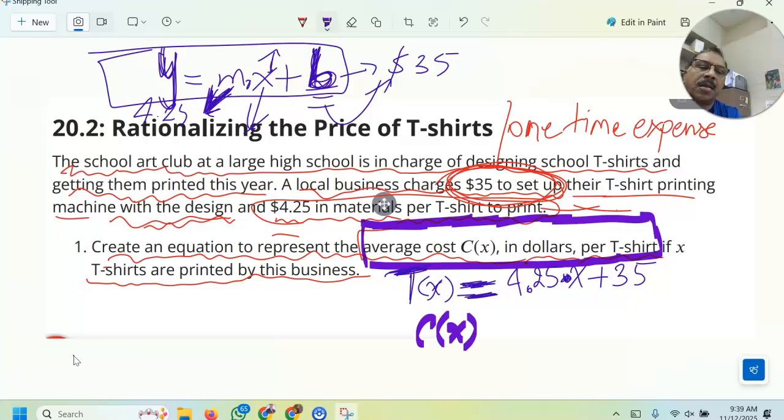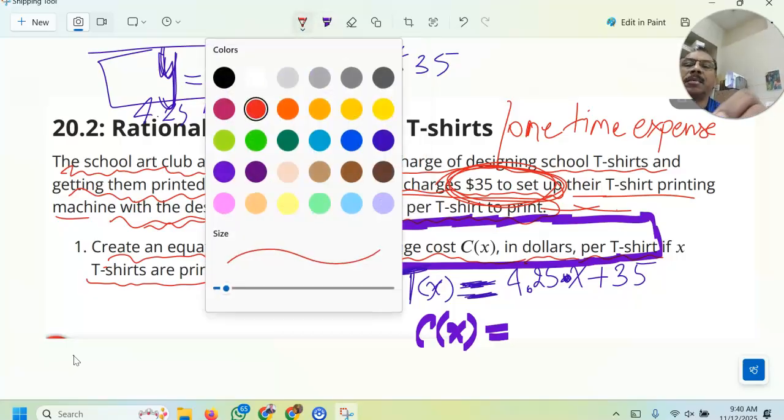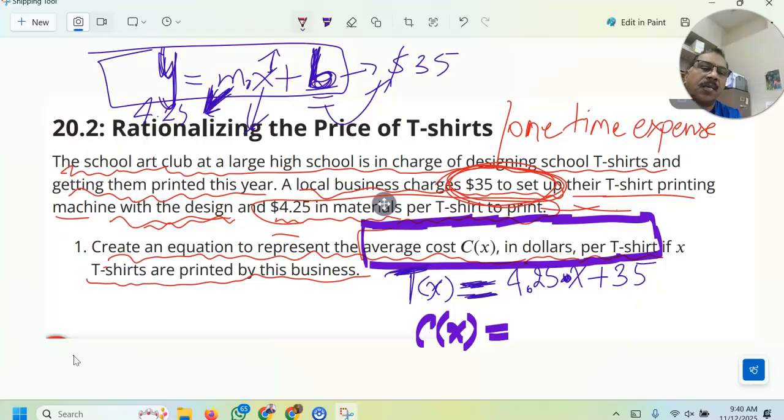Per t-shirt basically means we will have to divide the whole thing by x. So this stays the same, 4.25x plus 35. This is the total cost, and you divide this whole thing by x. Beautiful.